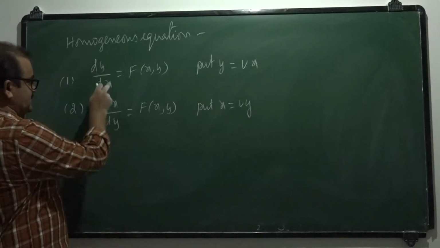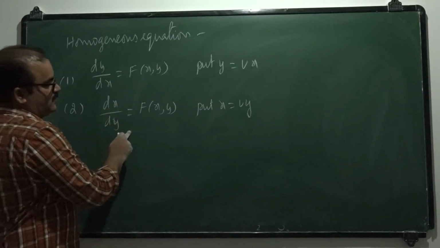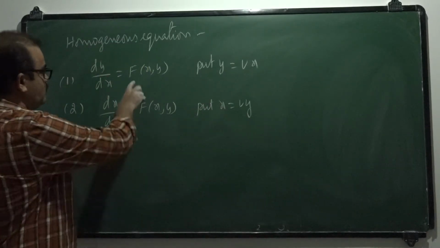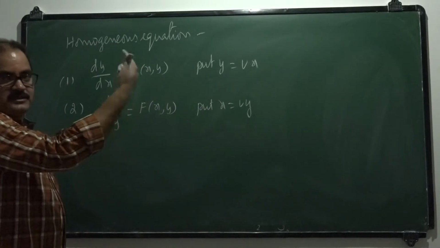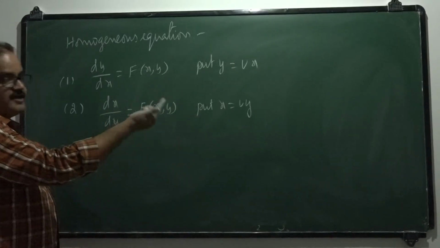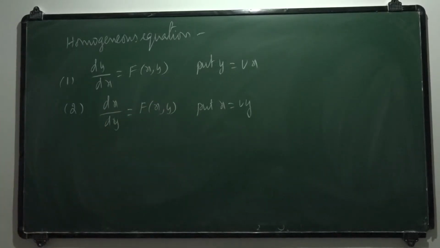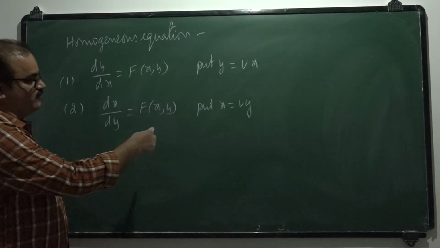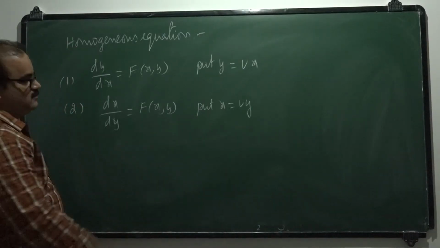Just interchange x and y. By using these substitutions, the homogeneous equation is converted into a variable separable form. Once the variables are separated, on integrating we get the solution.